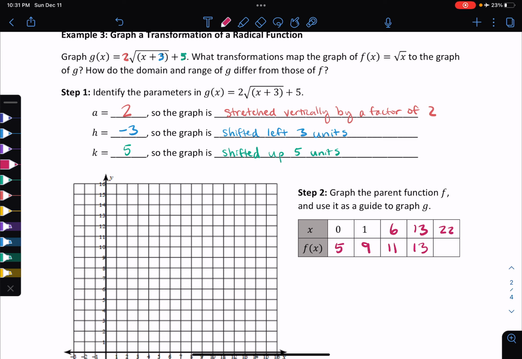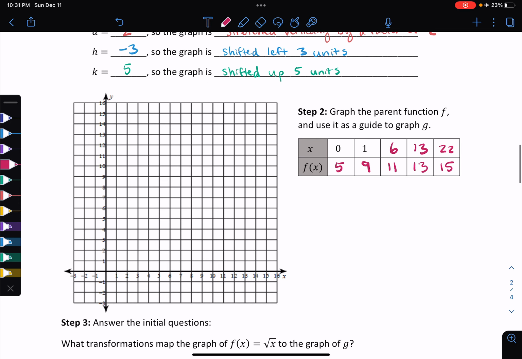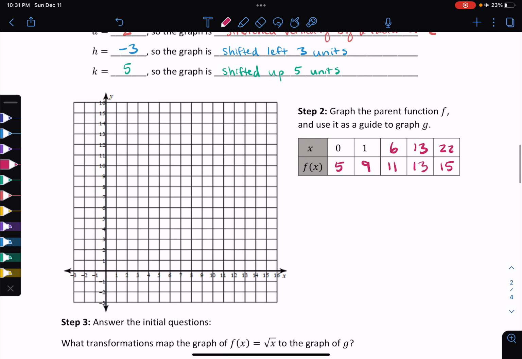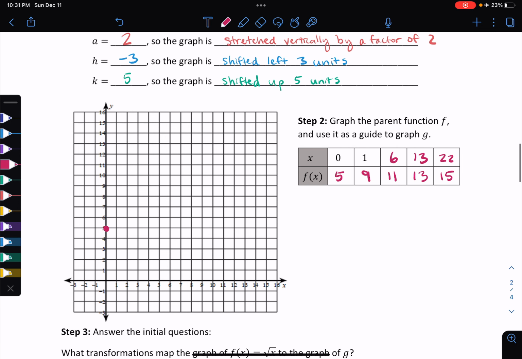And then 22 gives me 2 times the square root of 25, which is 10, plus 5 gives me 15. All right, so we have at x equals 0, we are at 5. At x equals 1, we're at 9. At x equals 6, we are at 11. At x equals 13, we are at 13. And at x equals 22, well, we don't have that on here, so I'm not going to worry about it.